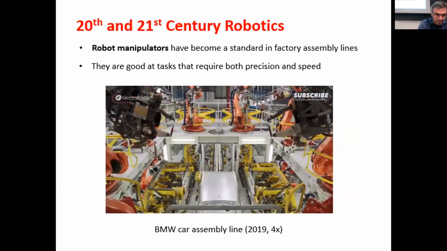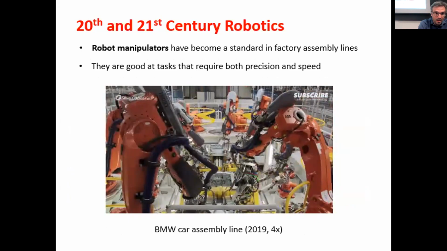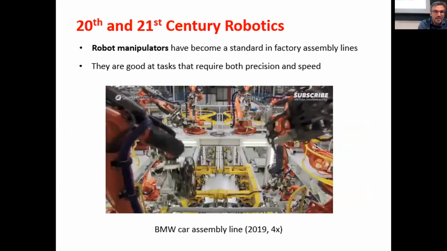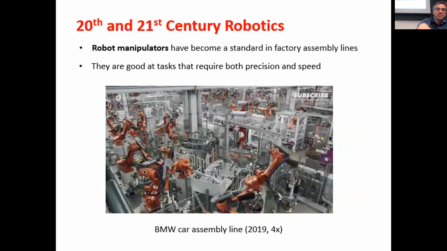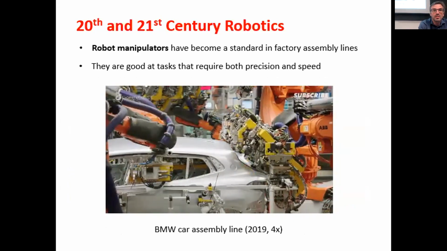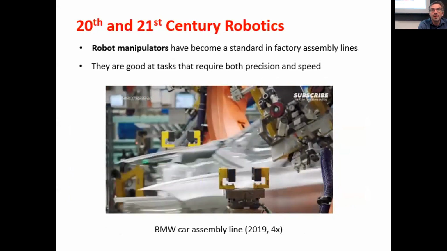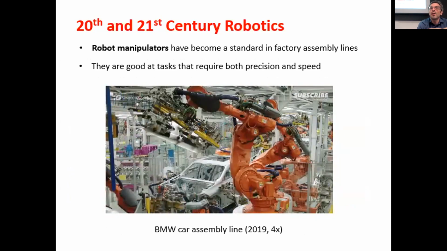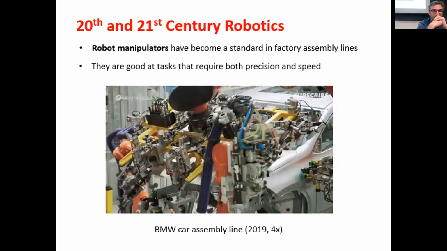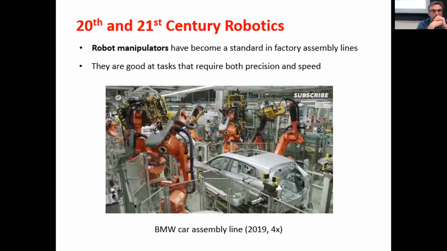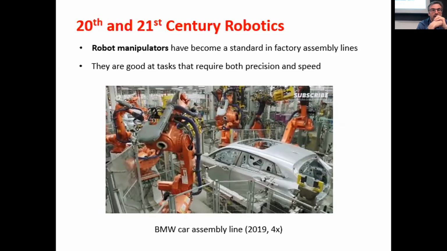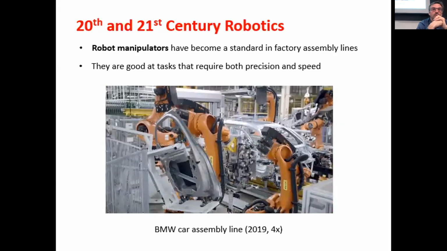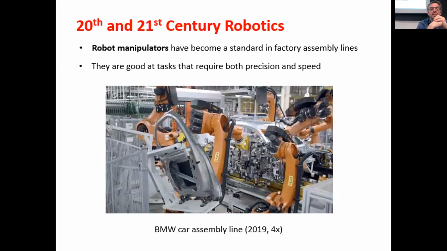You see here the working assembly line, where there are many stations around, many manipulators. These are called anthropomorphic manipulators because they resemble the arm of a human, and all the parts of the car are put together and welded, and screws are put in place.